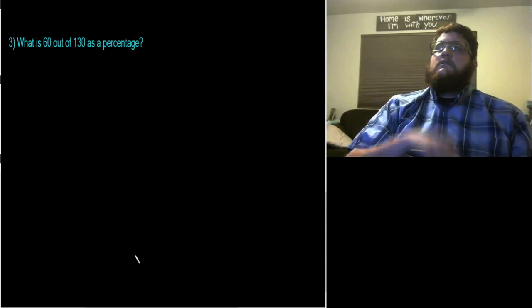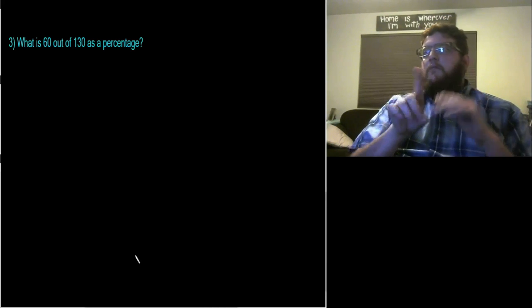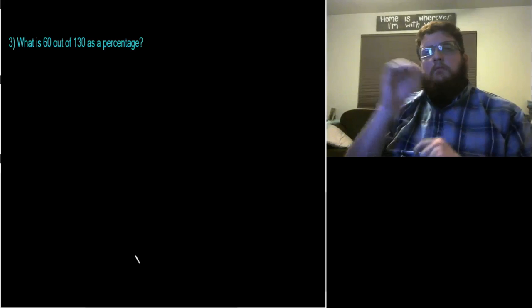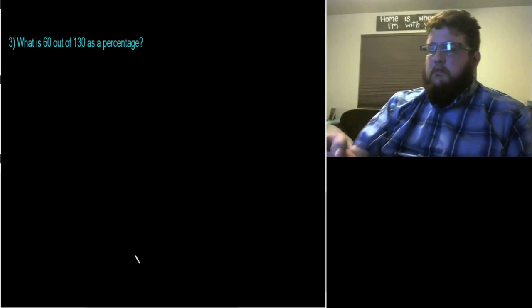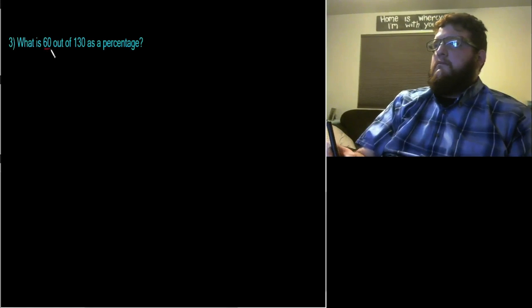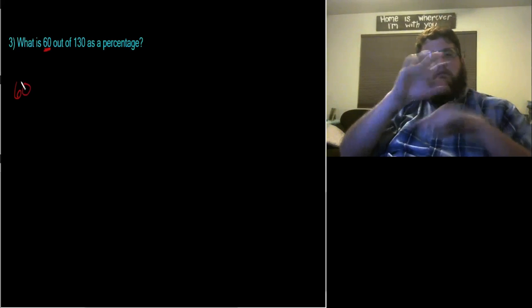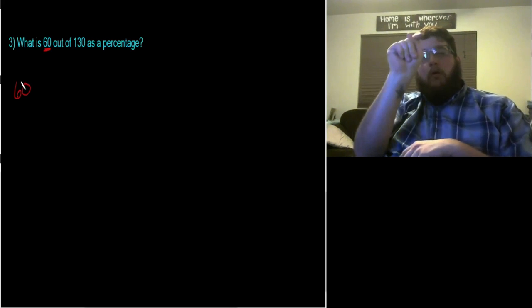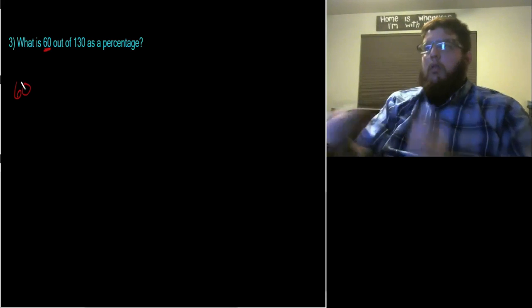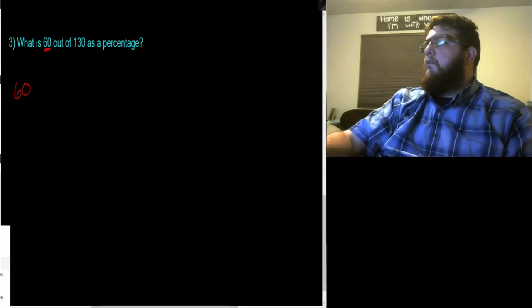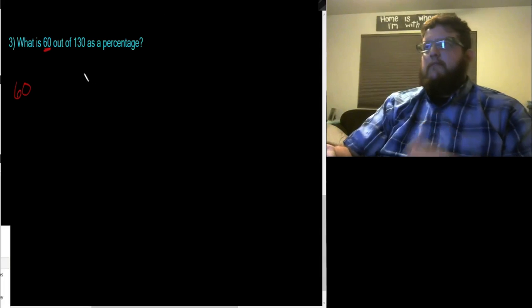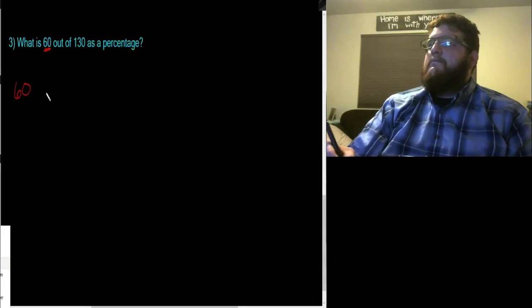Number 3 says, what is 60 out of 130 as a percentage? Remember in our previous lesson we talked about setting up percentages as fractions, and we recall that we talked about having the part over the whole. So we can do the same thing here.